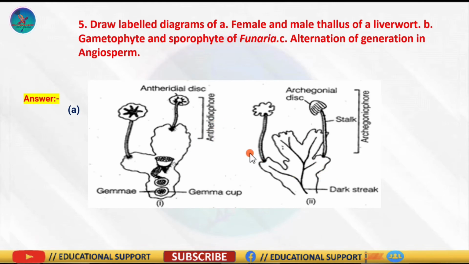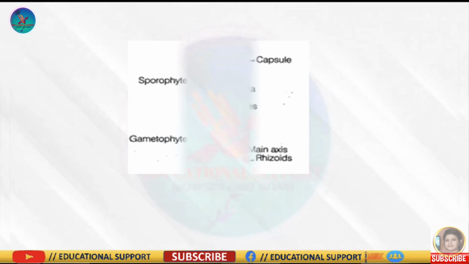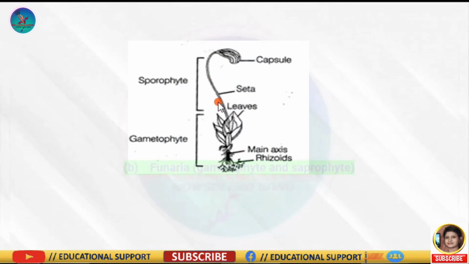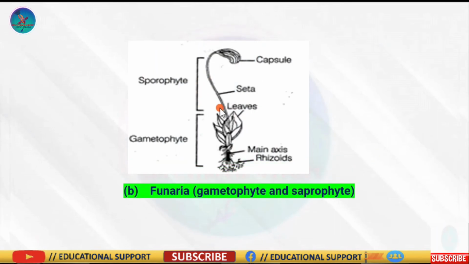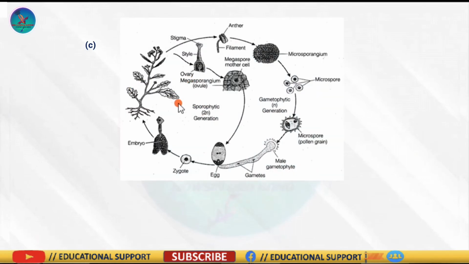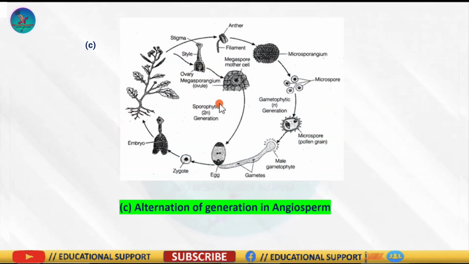So these are the male and female thallus of a liverwort. This picture represents the gametophyte and sporophyte of Funaria, and this picture represents the alternation of generation in angiosperm.